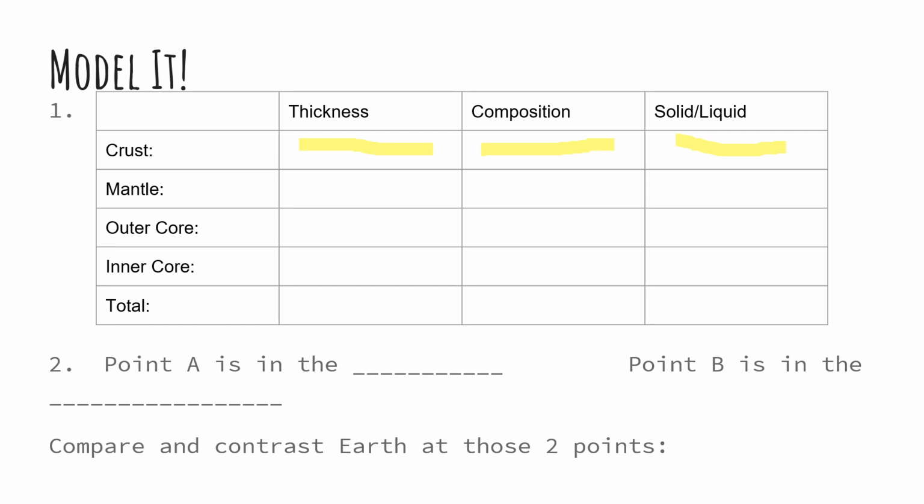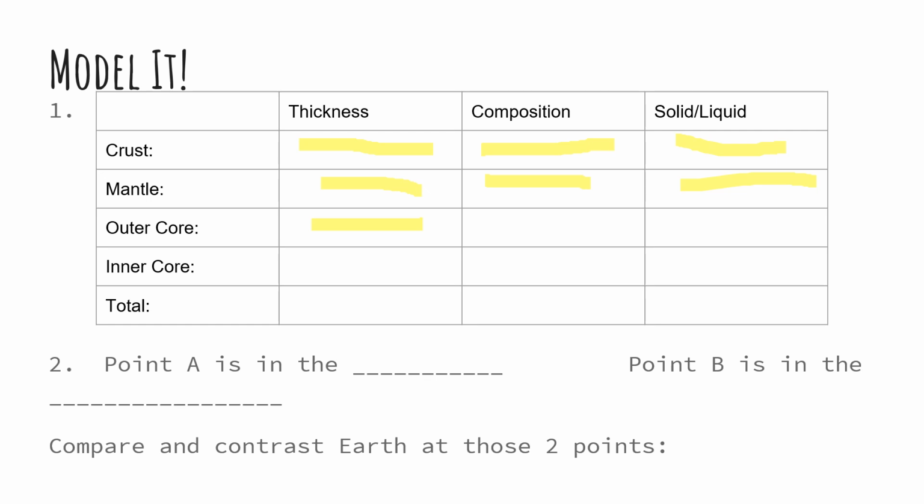Then you have the mantle, which is 2,800 to 2,890 kilometers, right here. Its composition is made up of magnesium and iron, and it is also a solid. The outer core is 2,260 kilometers in thickness.